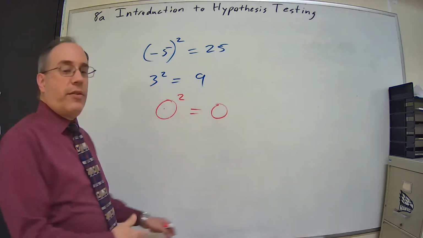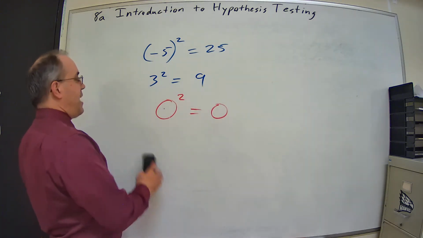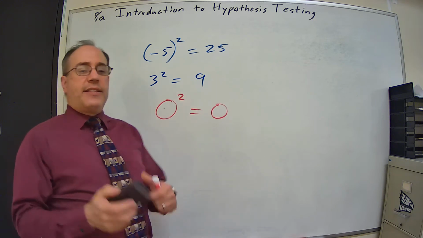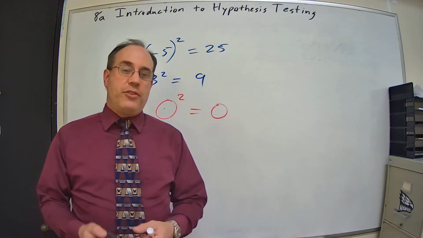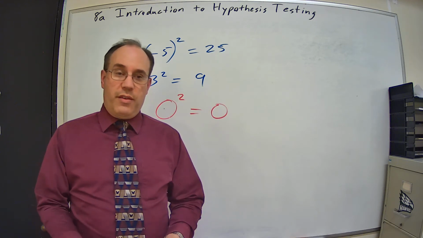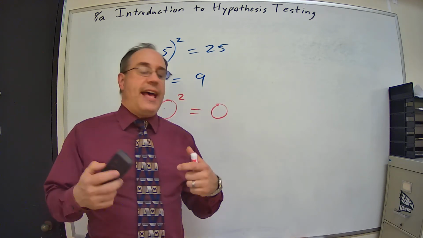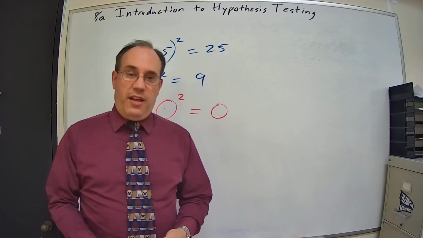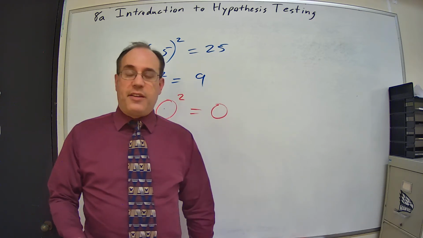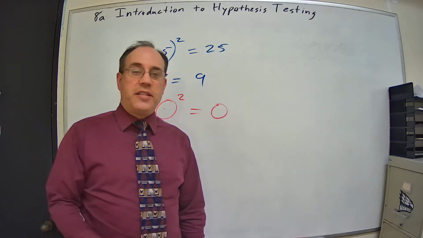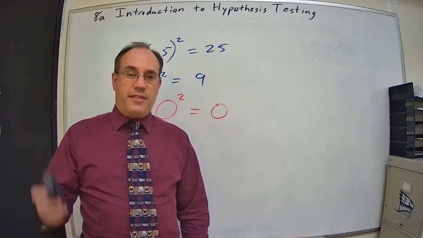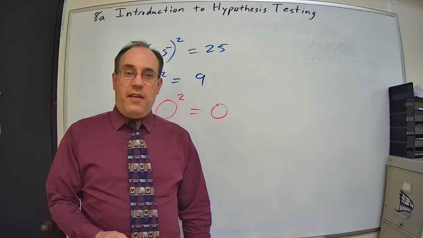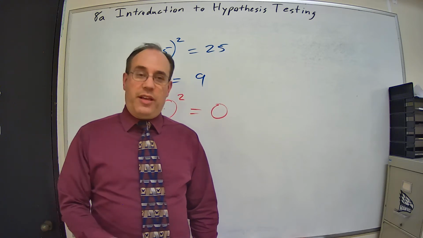But what's the point of this? The point is that it's not easy to prove a general statement to be true. If I say that everybody likes pizza, it doesn't matter how big my sample is, and everybody in the sample says that they like pizza, that doesn't prove that everybody likes pizza.